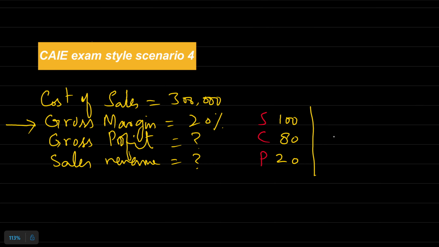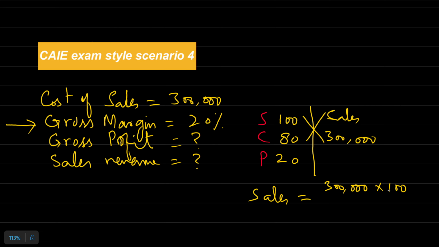In the question, we are given cost of sales 3 lakh, while sales revenue is not given. So by cross multiplying, sales will be equal to 3 lakh into 100 divided by 80.